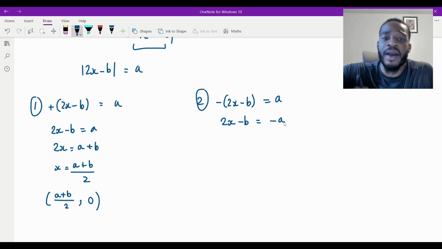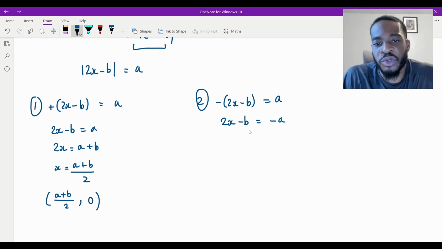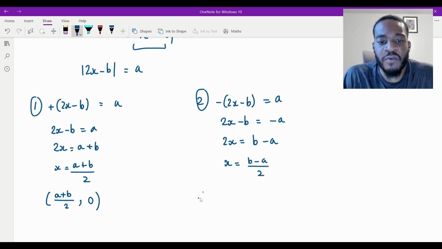Or you could have expanded that -1, it doesn't matter. I'll just do this because it's just a bit quicker. So that would mean that 2x is going to equal, if minus b is on this side, that's just going to be positive, b minus a. And then that means that x is equal to b minus a over 2. So therefore, the other coordinate is going to be b minus a over 2, and then 0, like that.